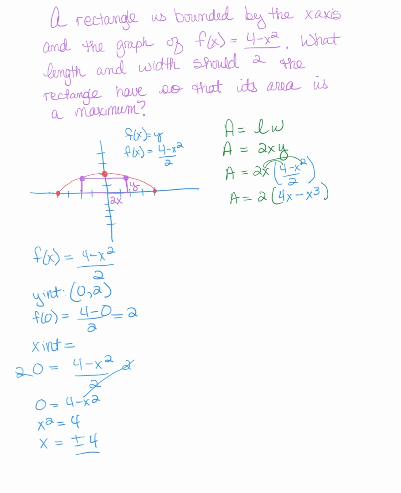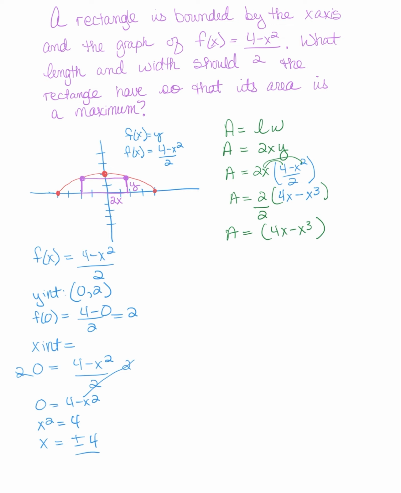And then I'm going to bring this other 2 out, so it'll just be a multiplier. So then I have that area, well, 2 over 2 is just 1. So then I have 4x minus x cubed is my area equation.